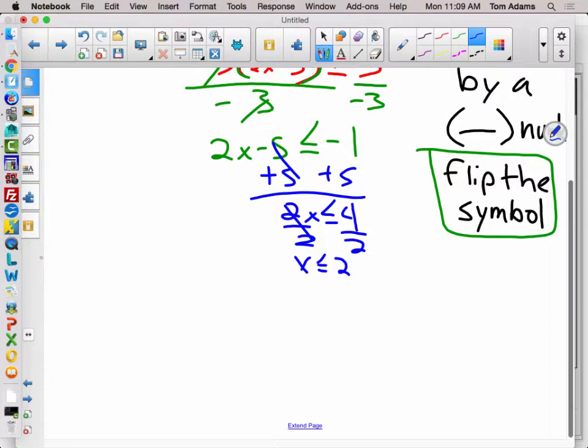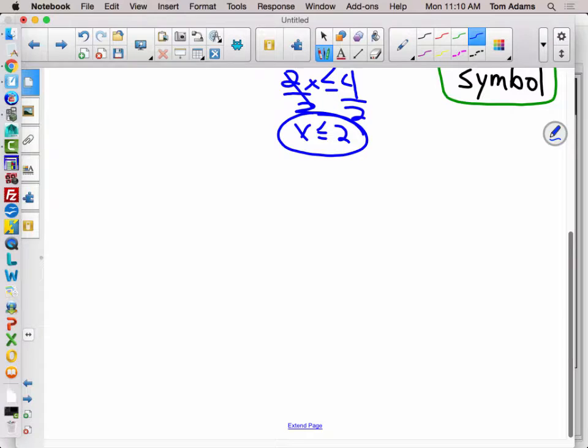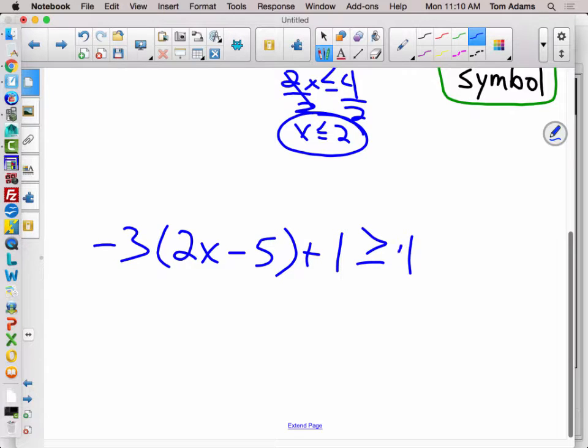Okay? Now what I mean by that, we're going to choose a value for x that's less than or equal to 2. We're going to plug it into our original inequality and see if it's true. It was a while ago that we had our original inequality on the board, but let me write it down again. It was 3 times the quantity 2x minus 5 plus 1 is greater than or equal to 4.